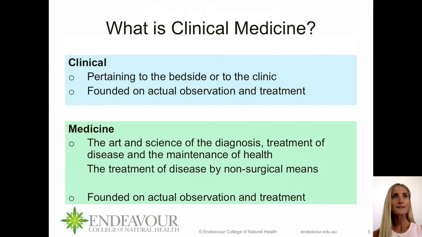So what is clinical medicine? The word clinical pertains to the bedside or to the clinic. This is the study of medicine that is founded on actual observation and treatment, and this needs to be distinguished from theoretical or basic science. The term medicine is the art and science of the diagnosis, treatment of the disease and the maintenance of health.